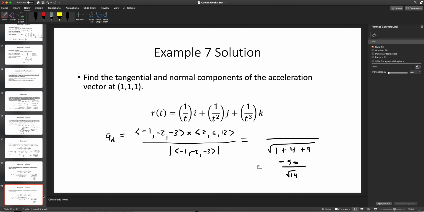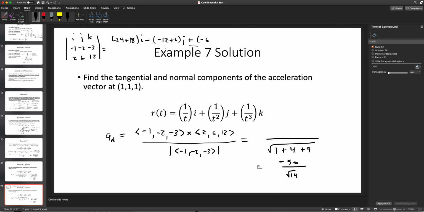is this cross product. We just need to compute a determinant to figure that out. So we got i, j, k, -1, -2, -3, 2, 6, 12.